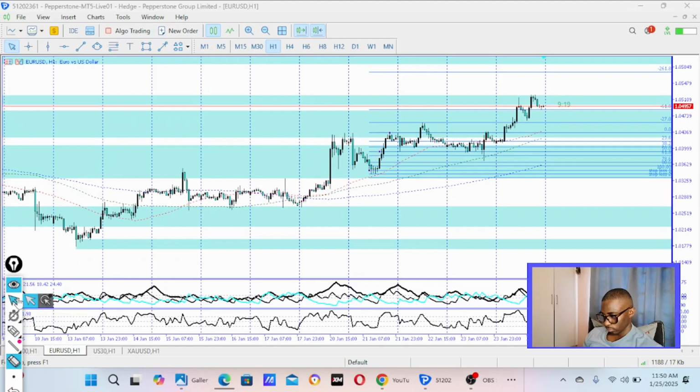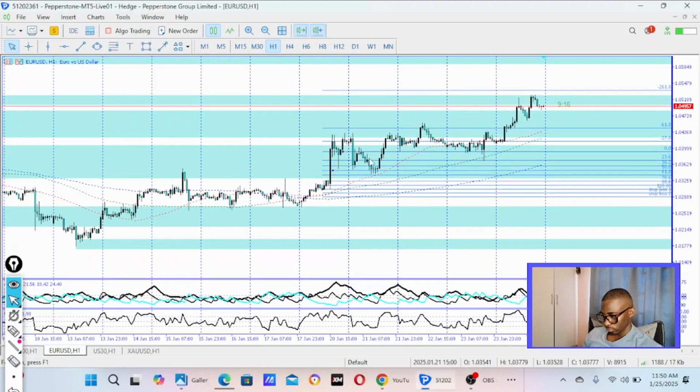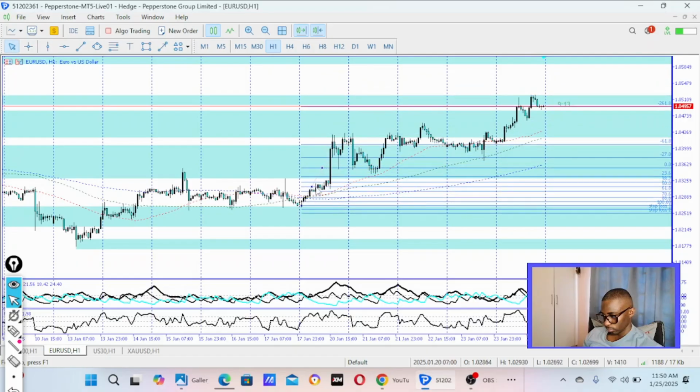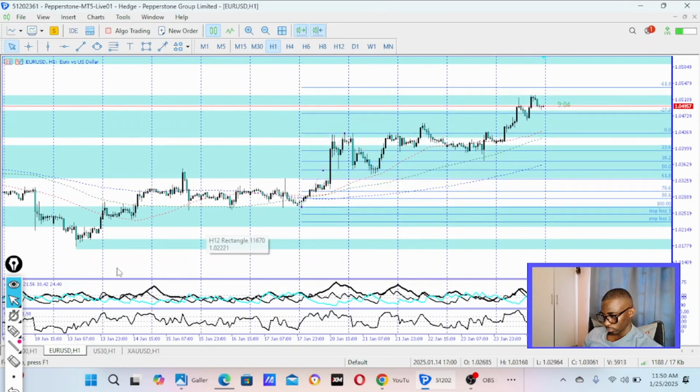When price closes in a higher high, I draw my fib from this lower point to the higher point, and the entry could have been here on the 50. There's a retest of the 50 moving average, the retest of the 50 fib level. It's also a retest of the demand area right here. It's also a retest of the previous low. So there are a couple of confluences. This is why you could have entered your buy for the week.